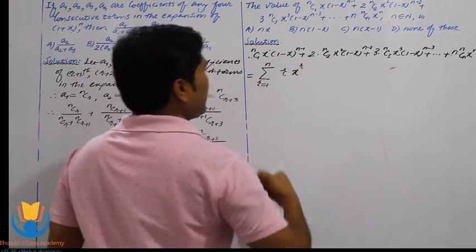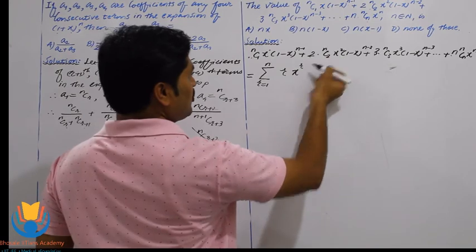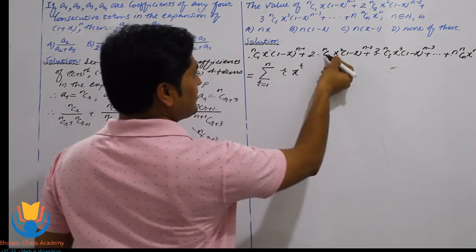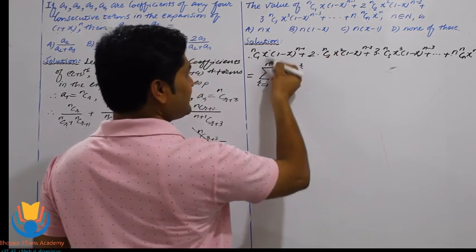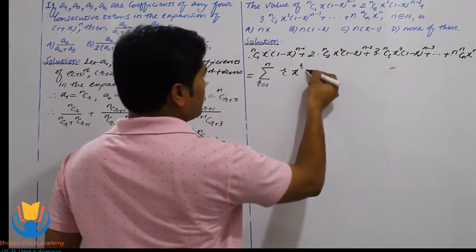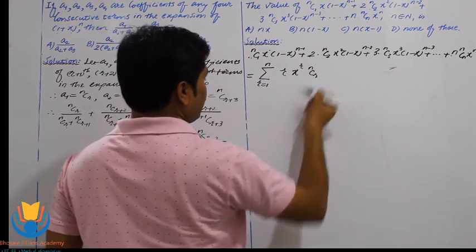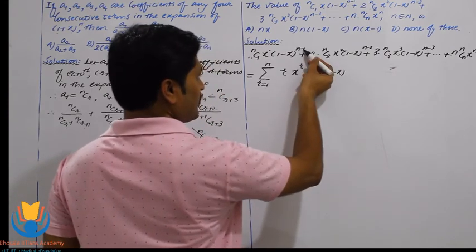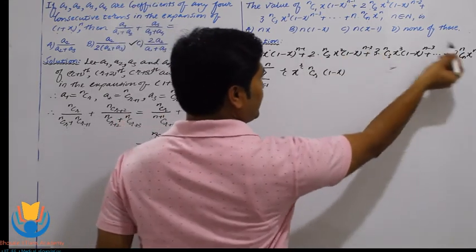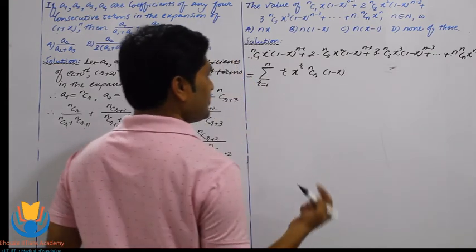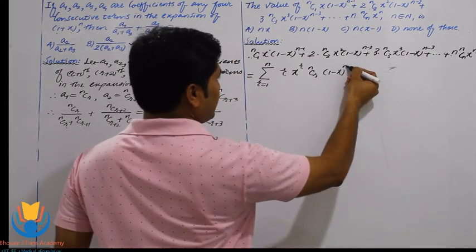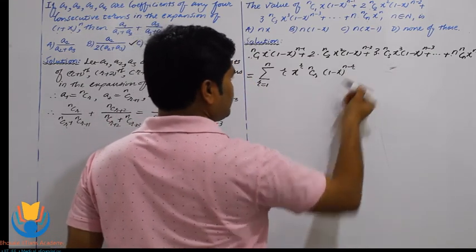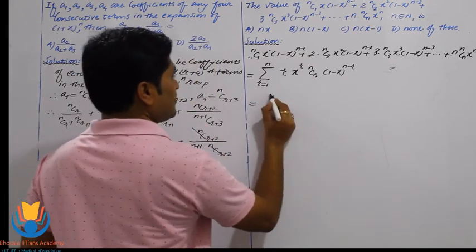And one more thing about the combination: nC1, nC2, etc. we can write as nCr, and (1 minus x) whole raised to, here it is 1, then 2, then lastly n minus n is 0. So we can write that as n minus r. So let's simplify the same here.